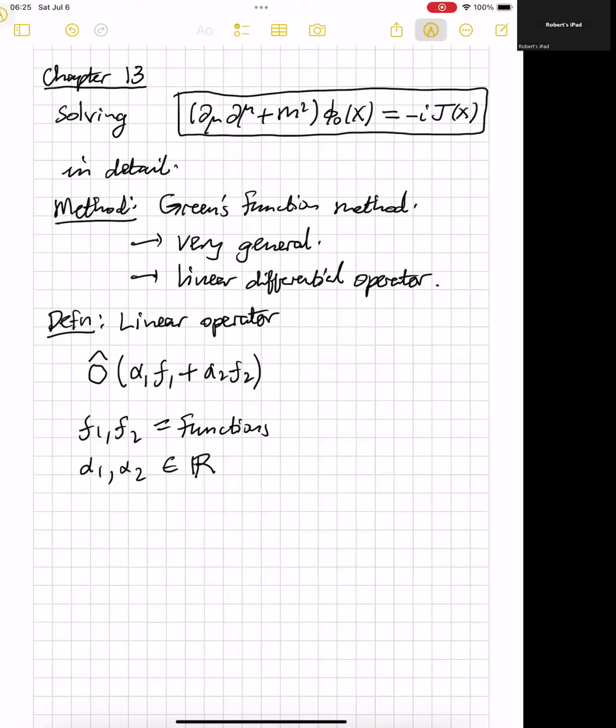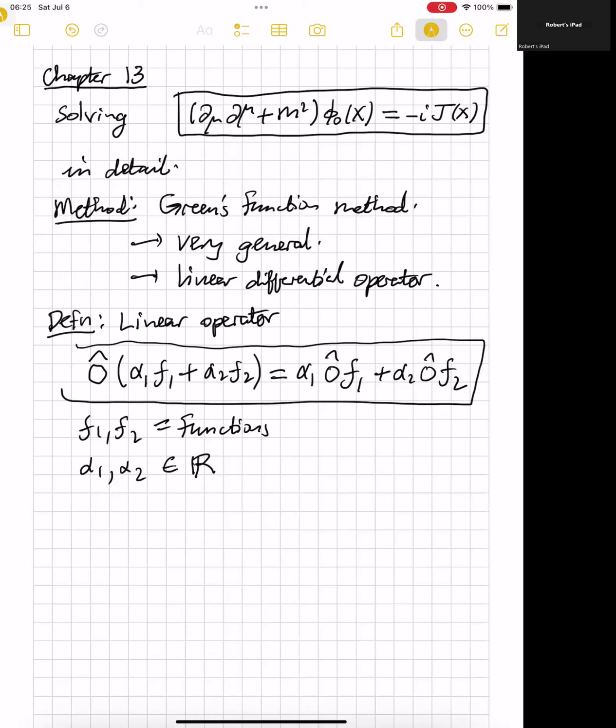If the operator Ô is linear, it means that this equation is true: Ô acting on α₁F₁ plus α₂F₂ is equal to α₁ with Ô acting on F₁ plus α₂ with Ô acting on F₂. So this is the equation that needs to be obeyed if Ô is a linear operator.